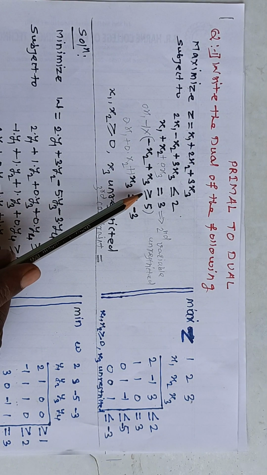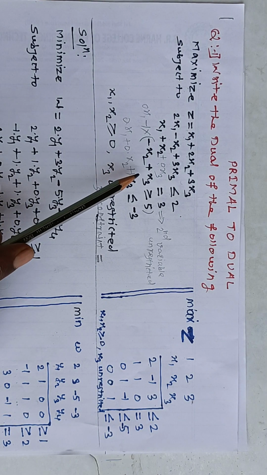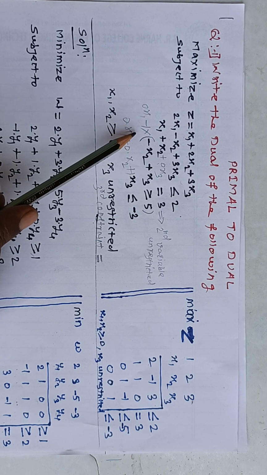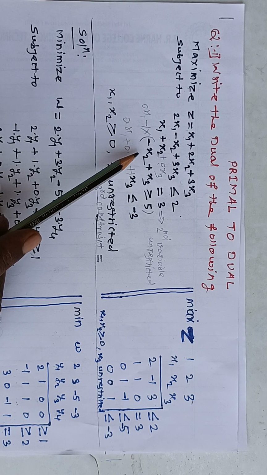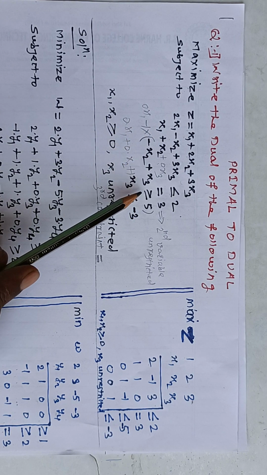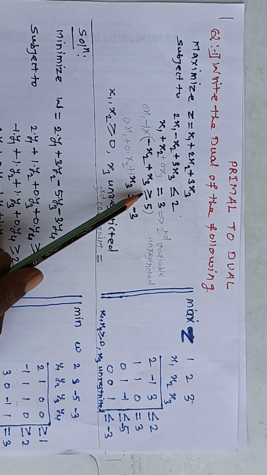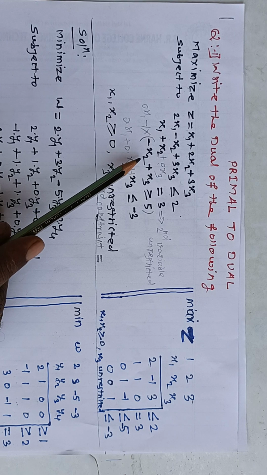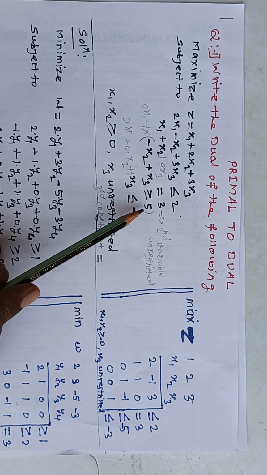But here in the third constraint there is a greater than or equal to inequality. So multiply this constraint by -1, then automatically this inequality becomes less than or equal to, and the signs of coefficients of variables on the left hand side and the constant term on the right hand side will change.